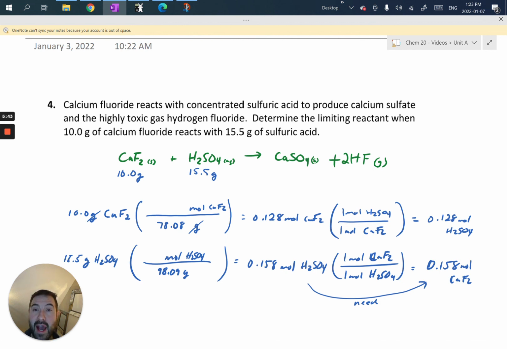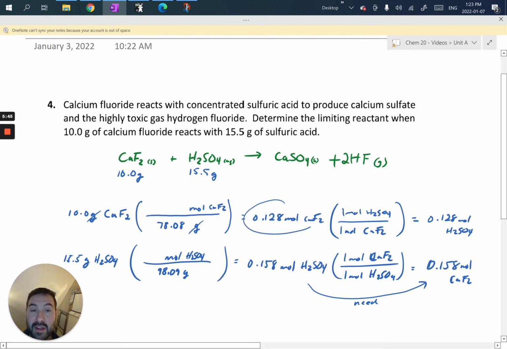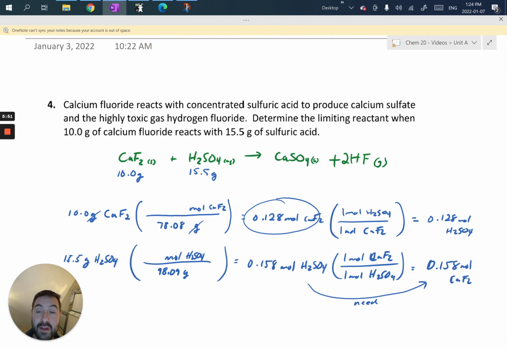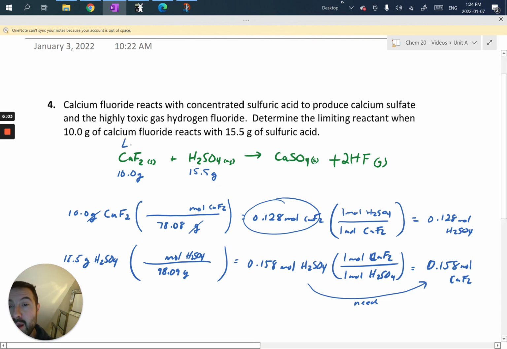Looking at my numbers, what is the limiting reagent? I only have 10 grams, which is equivalent to 0.128 moles. So I don't have enough calcium fluoride to completely react my sulfuric acid. That makes CaF2 my limiting reagent.